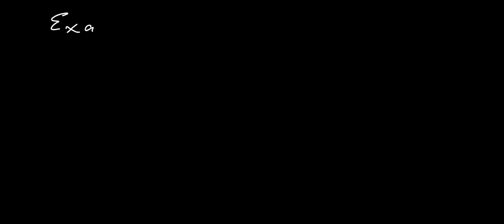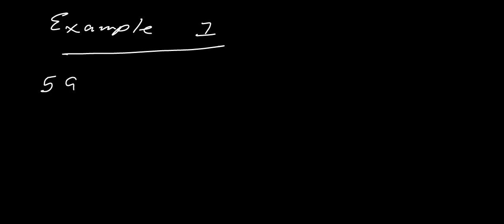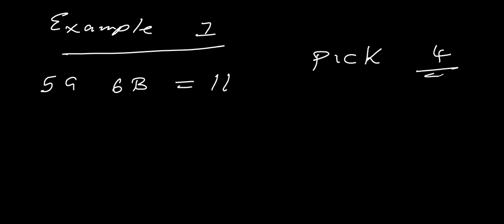So let me work it through here. Example 1, solutions. We have 5 girls and 6 boys, giving us a total of 11, and we need to pick a total of 4. So the sample space is simply 11 choose 4. And the first one, they're saying only one boy.